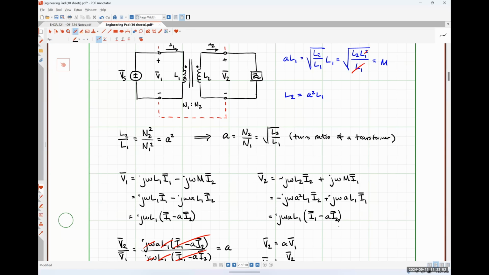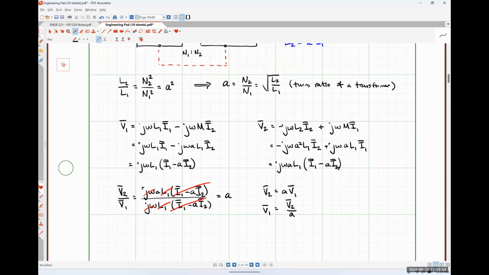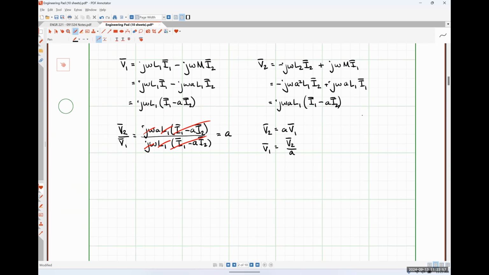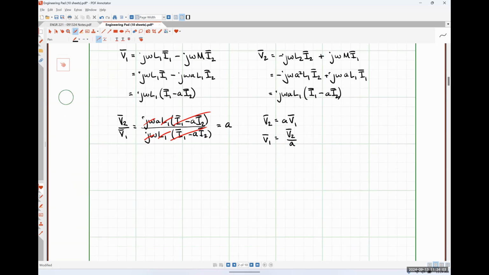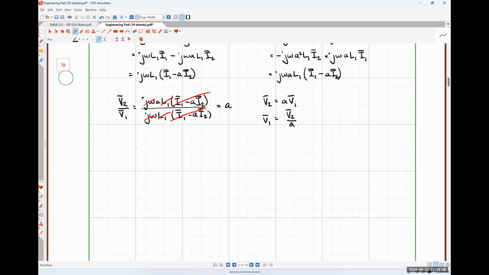If we have dots on the opposite side of a transformer, let's run through that really quickly here. Okay, so similar situation. We've got our source voltage Vs. Now we've got our ideal transformer.